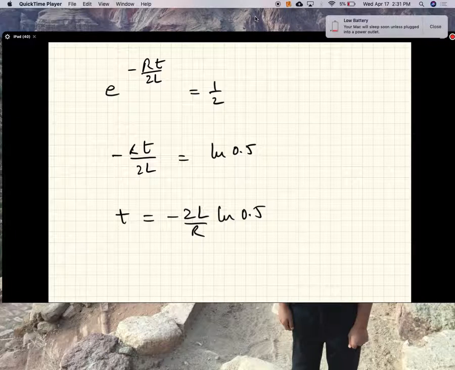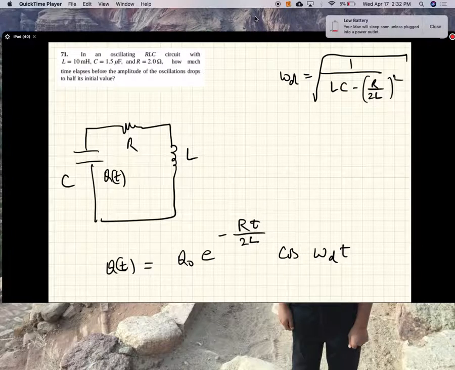So let's plug in the values. What is L? 10 millihenries. R is 2 ohms.